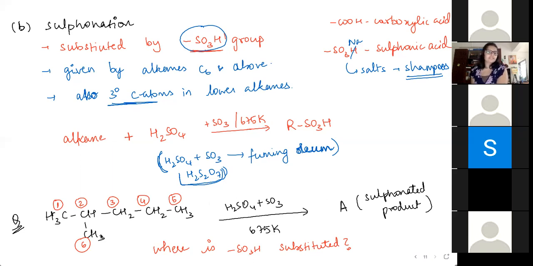One of the hydrogens will be substituted with SO3H. So where is it going to be substituted? Will it be on carbon atom 1, 2, 3, 4, 5, or 6? So which carbon atom will you find SO3H substituted in this case?